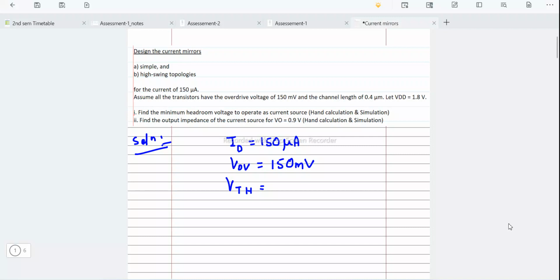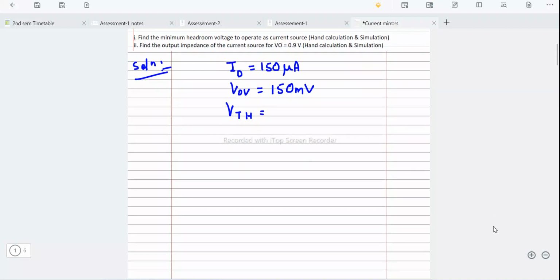Now let us start designing a simple current mirror. In order to design a current mirror we need an NMOS. We will design the first current mirror with the NMOS. We are going to design it in such a way that this NMOS should sink the current of 150 microampere, and this NMOS should also have an overdrive voltage of 150 millivolts.